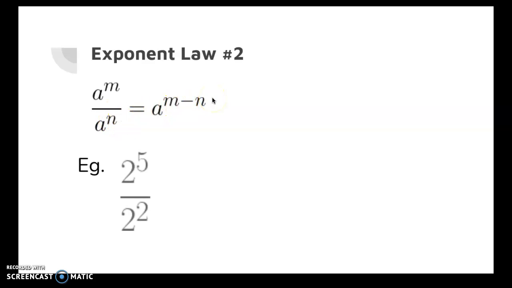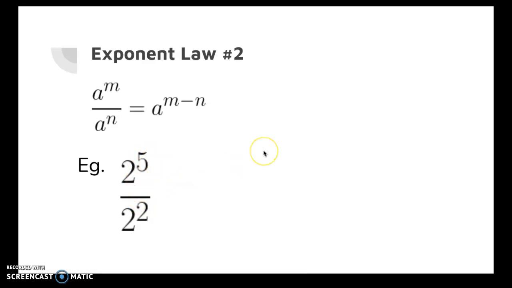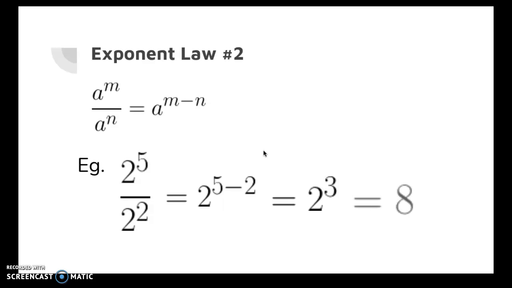So for example, if we have 2 to the 5th divided by 2 to the 2, well, we're going to take our same base and subtract the exponents. So it's going to become 2 to the 3. So 2 to the 5 minus 2 is 2 to the 3. And if you put 2 to the 3 in your calculator, you should get 8. Okay, so that's the second law.